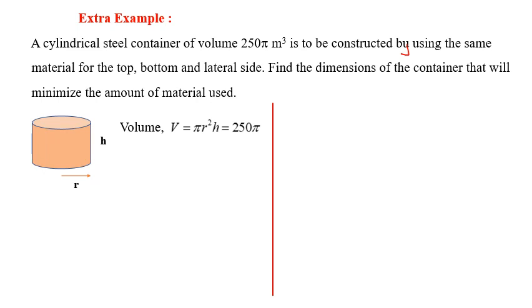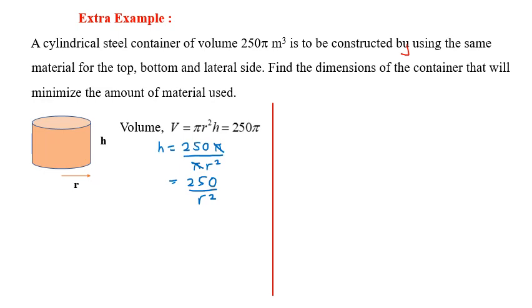Do we need to differentiate this one? Actually not. The purpose of this equation is only to relate h with r. So as you can see here, I put h as the subject, so we can express h in terms of r, that is 250 over r squared.